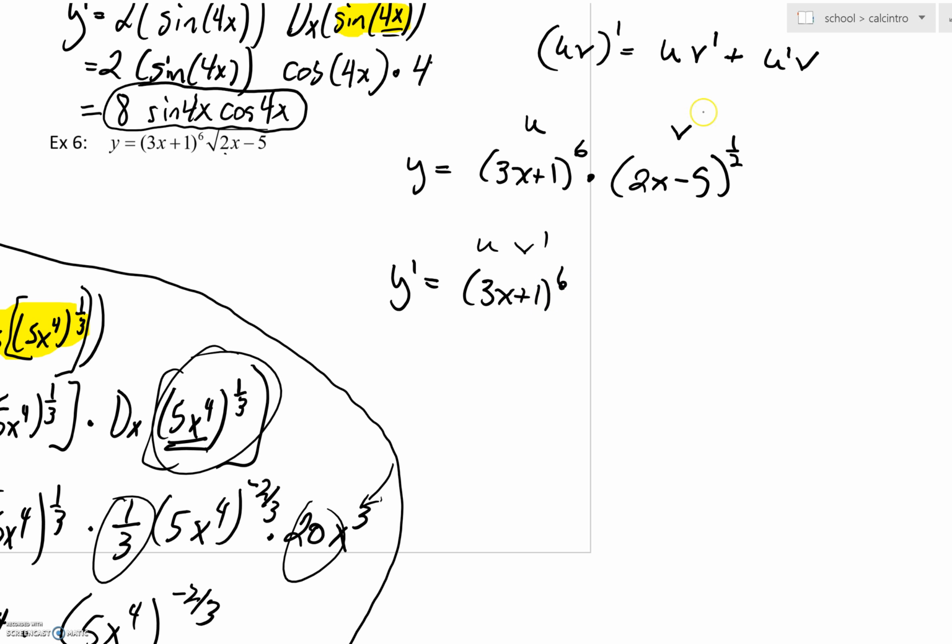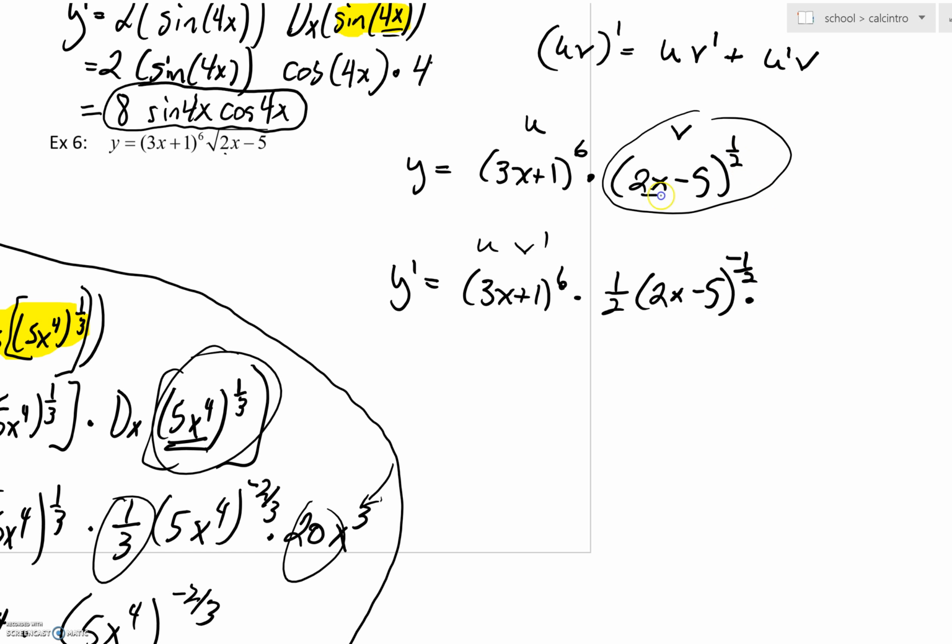But now I'm going to take the derivative of v, and I think you can see we're going to need to do the chain rule. Let's do that. What is the derivative of 2x minus 5 to the 1/2? How do we do it? 1/2. 2x minus 5 to what new power now? Negative 1/2. I've got to subtract 1. 1/2 minus 1 is negative 1/2.